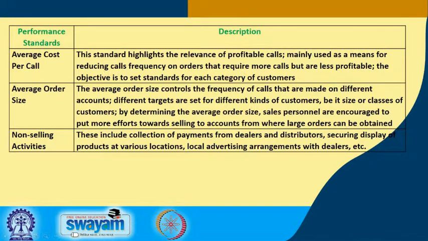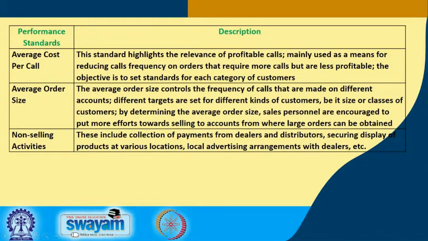And then finally, we also have performance standards for non-selling activities. Now, non-selling activities are generally not linked to any kind of monetary incentive or compensation. That is why salespersons want to avoid or ignore such activities, which is not something very wise. So to ensure that such non-selling activities are also conducted, performance measures or standards are also laid out for them.